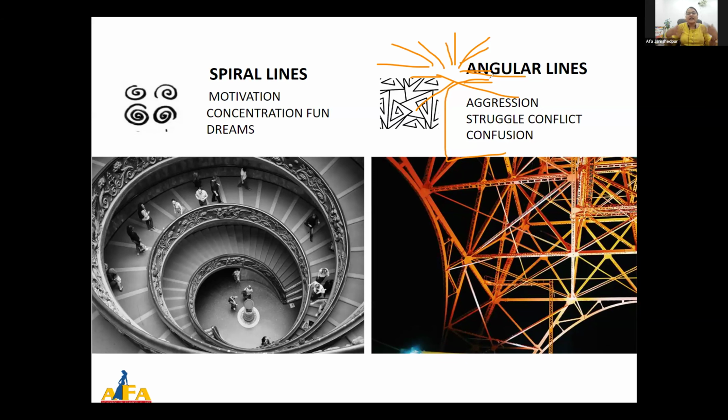So understand, angular lines, unless and until they are channelized and planned, will make you uneasy. So why am I saying channelized or planned? Just tell me, is it an angular line which I am drawing here? Yes, ma'am.